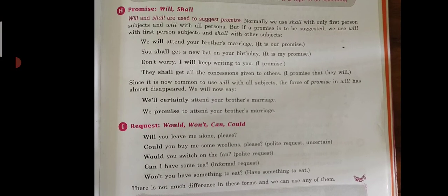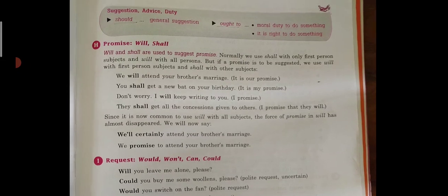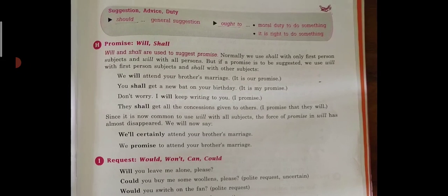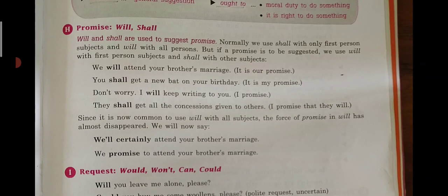Now let us come to promise, children. Which are the modals which suggest some kind of promise? Will and shall are used to suggest promise. Otherwise, as we have done before, we use shall only with first person subjects, with I and we, and with the remaining persons we use will.